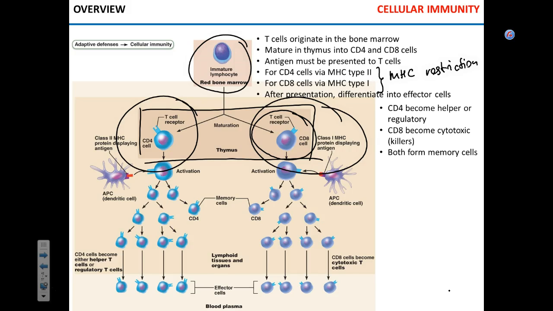All nucleated cells, exactly. It can recognize any cell as being infected, whether a hepatocyte, a B cell, or a splenocyte, anything. Does that make sense? CD8 cells are killers.